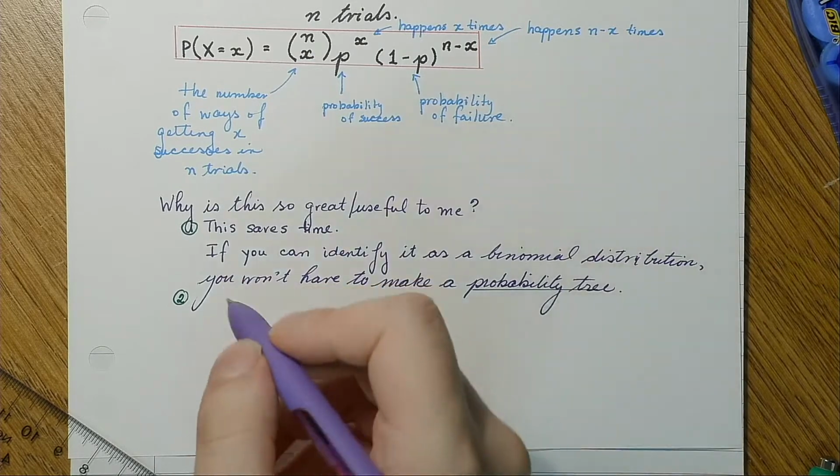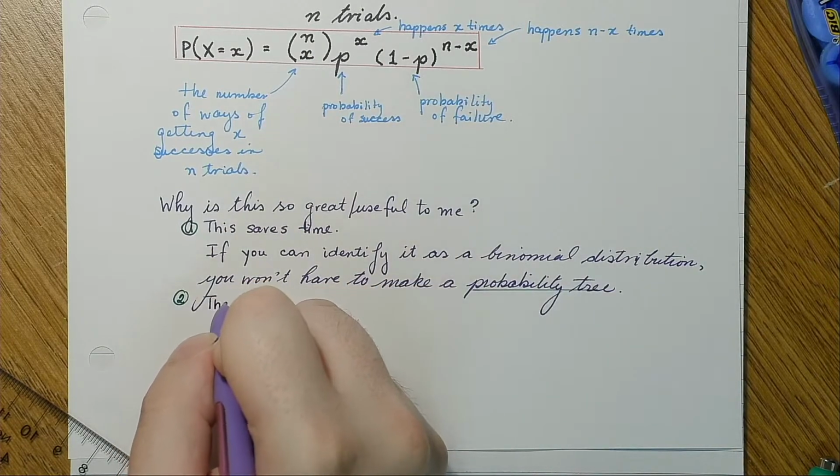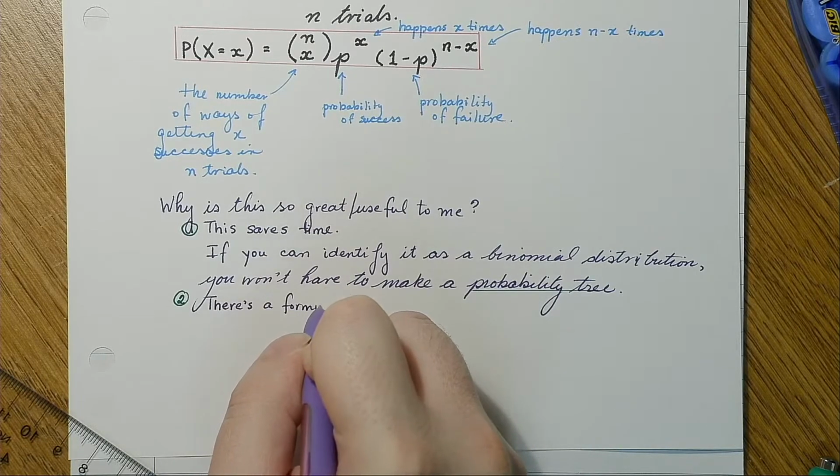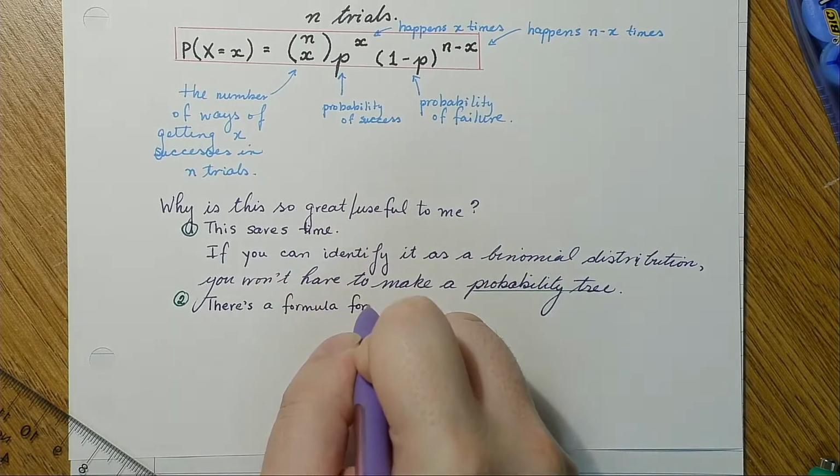What if I tell you you get some more for free? Here's the second one. There's a formula for expected value.